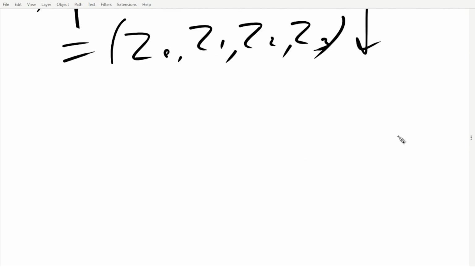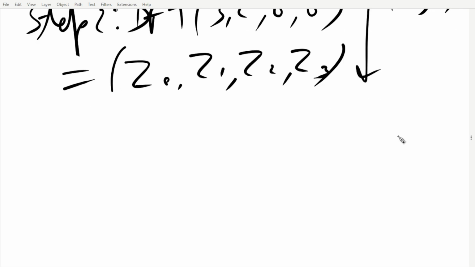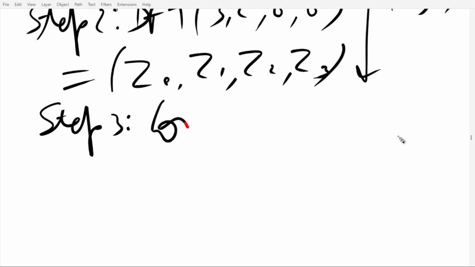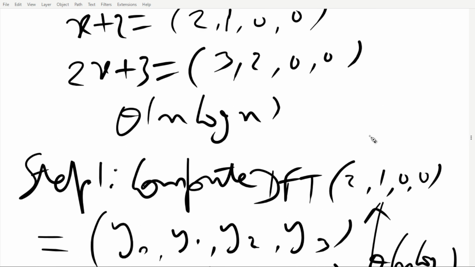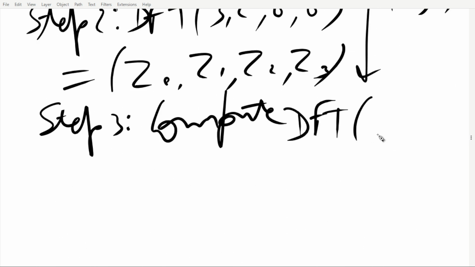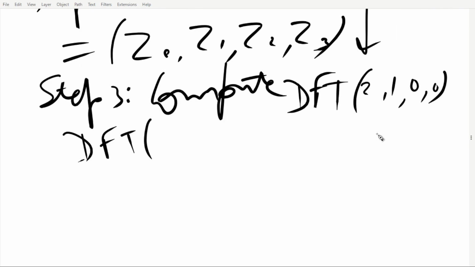Step 3 is we multiply the DFTs of the two polynomials. Compute their product in point value form: the DFT of 2 1 0 0 multiplied by the DFT of 3 2 0 0.